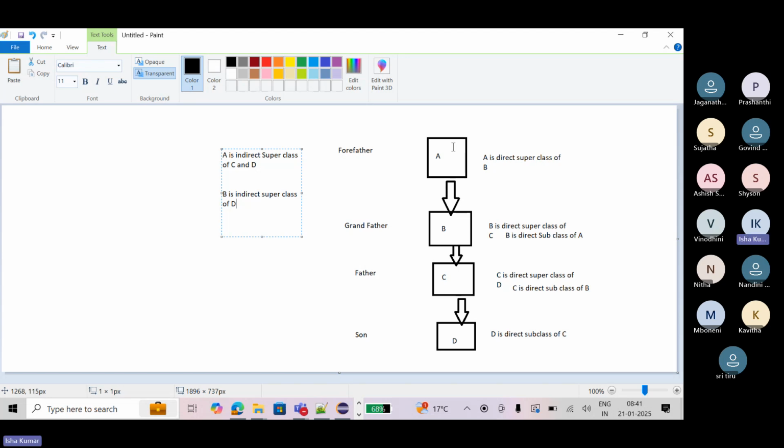But also, what is the note here? Note: in multilevel, all belong to the same family. Okay, so this is multi-level inheritance.